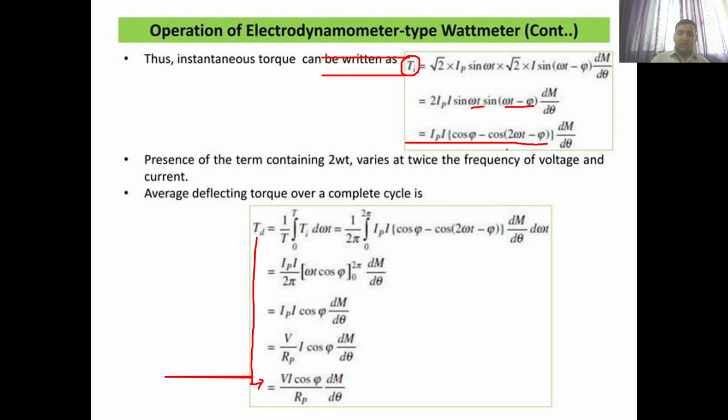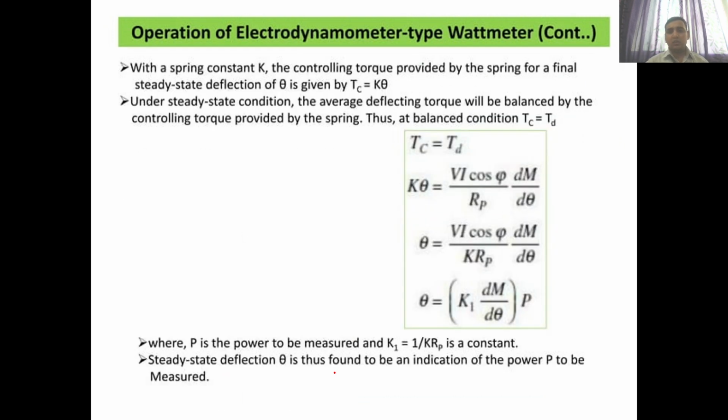As we know, VI cos phi is the active power, Rp is the resistance of the potential coil, and dM by d theta is the variation due to the inductance effect. If we use a spring control system at steady state, Tc equals K theta, so K theta is equal to VI cos phi, Rp upon dM by d theta.